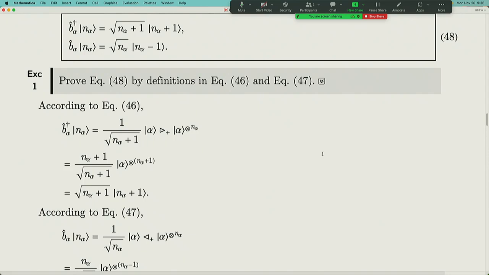That factor is still not important because after normalization, this state is supposed to be of norm 1, and that state is also supposed to be of norm 1. So the only way for them to be equal is that they just equal each other directly. That's why this n particle state is represented as these multiple alphas tensor producted together, where I use this power notation to denote the tensor product.